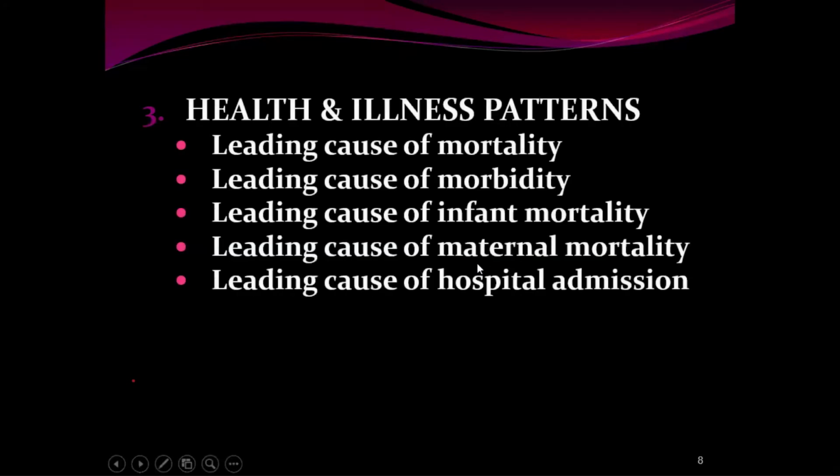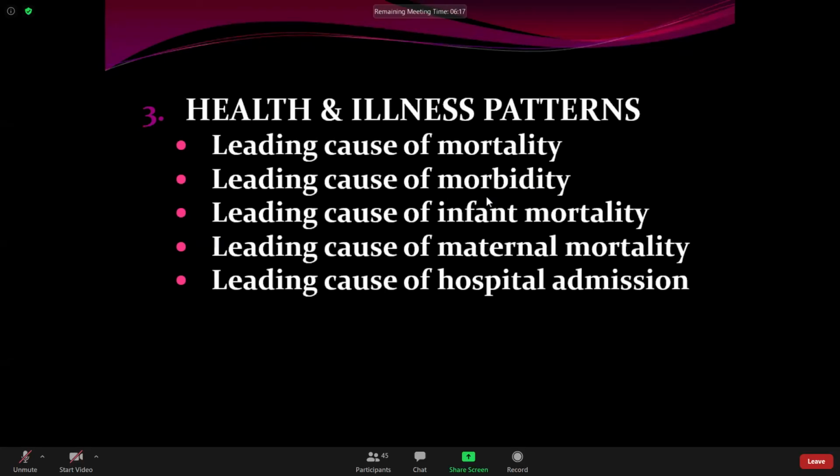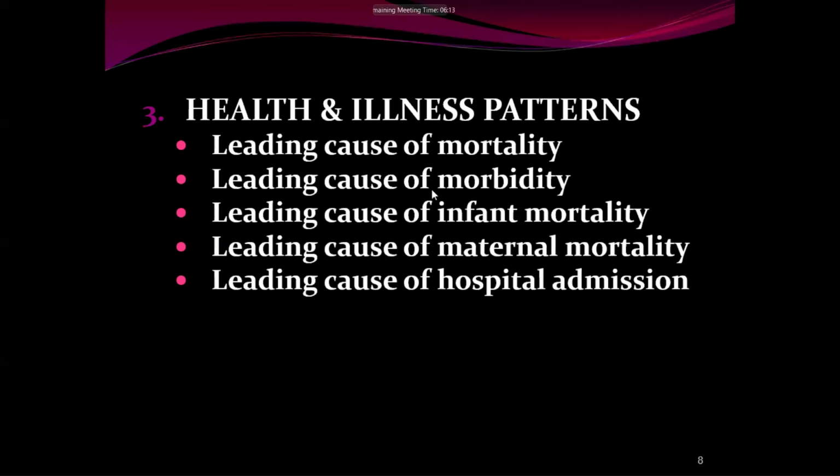Health and illness patterns. Comprehensive assessment means all health and illness patterns: leading causes of mortality, leading causes of morbidity. First, we should find out the situation of mortality in the community, the situation of morbidity in the community, and their causes. What are the leading causes of high mortality and high morbidity in the community?